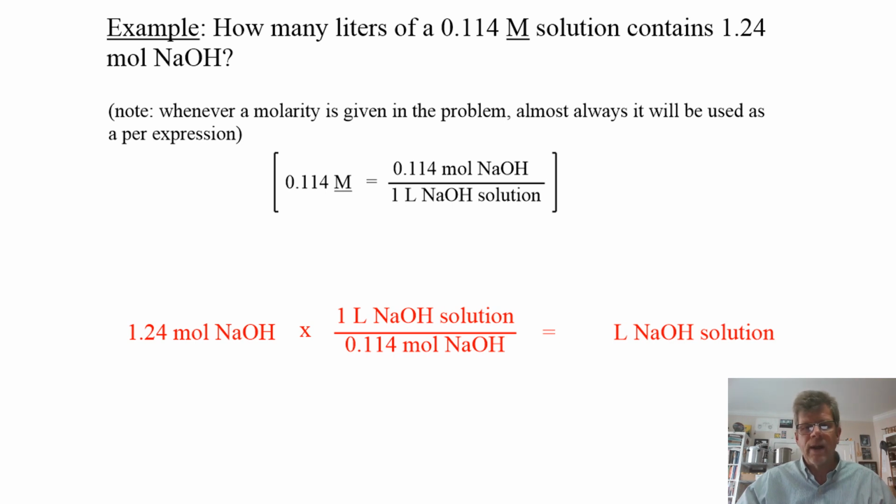Notice I had to invert this from looking like this. I had to take its reciprocal, and that is because moles of NaOH then cancel out, and I'm left with liters of NaOH solution. That is what I want. And as such, it becomes elementary. We pull out our calculators, and we end up with 10.9 liters of NaOH solution.